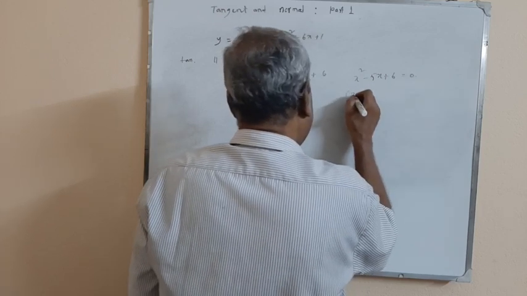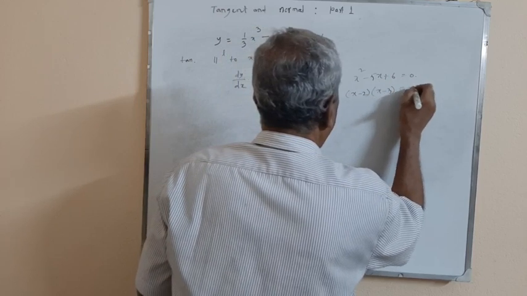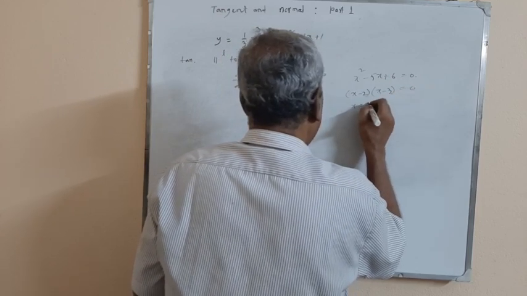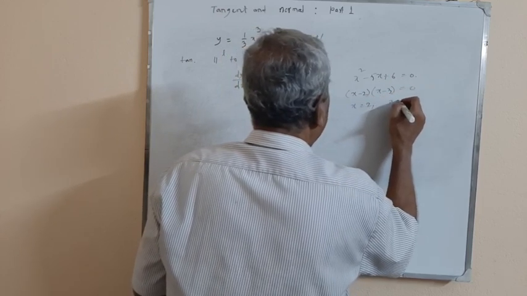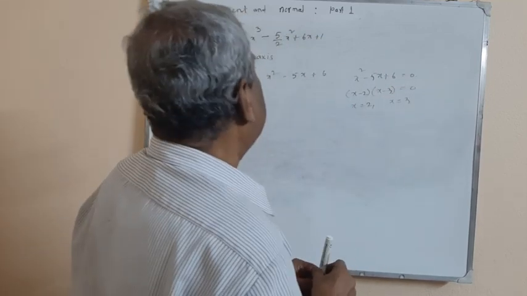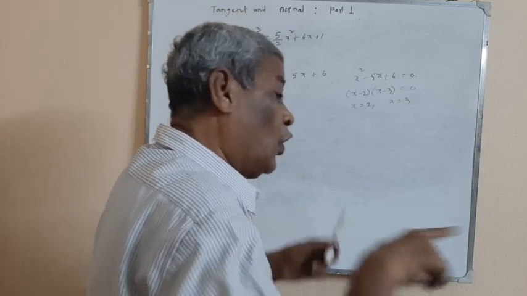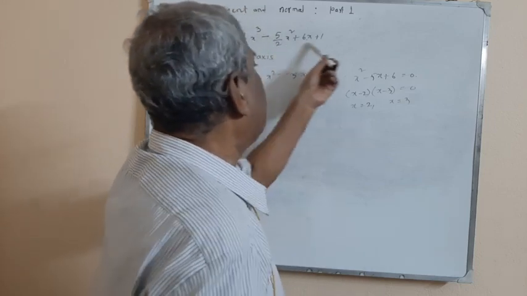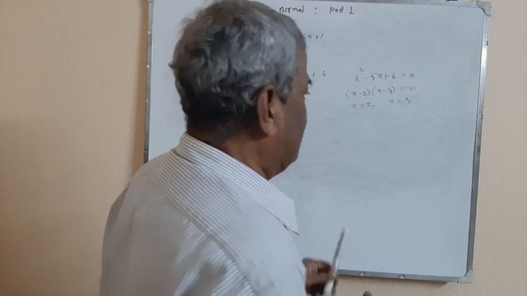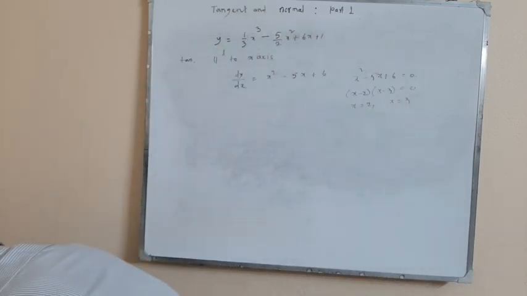So that (x minus 2) into (x minus 3) is equal to 0, so x is equal to 2 and x is equal to 3. So at these 2 points, the tangent is parallel to the x-axis, or the normal is parallel to the y-axis, at x is equal to 2 and x is equal to 3.